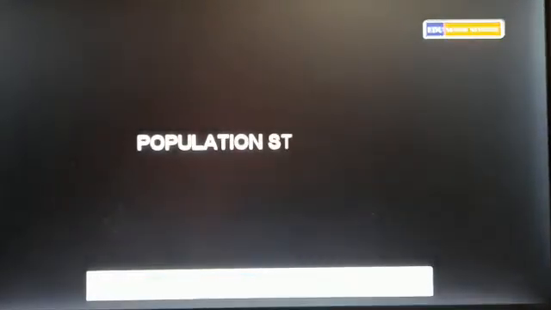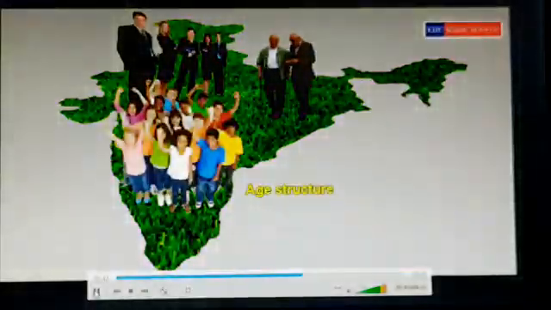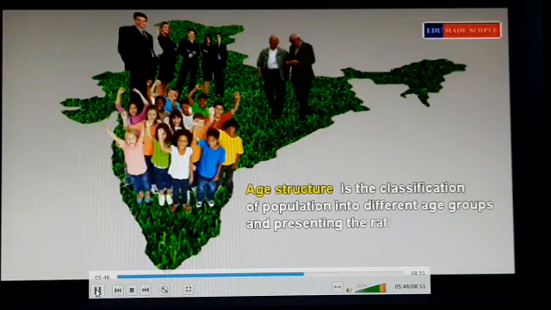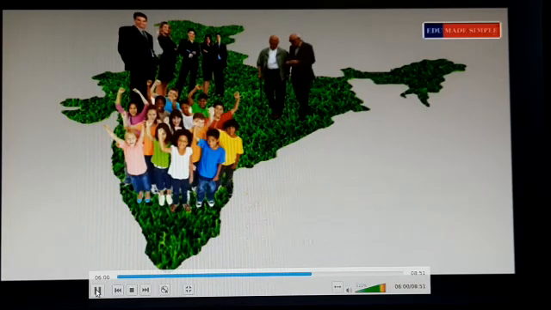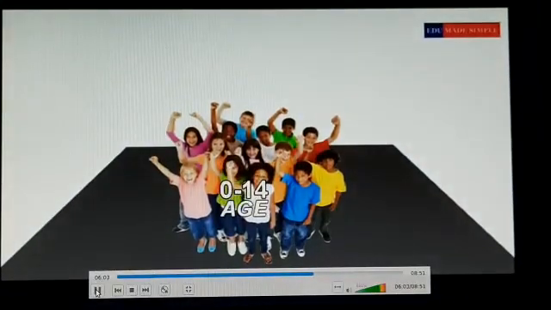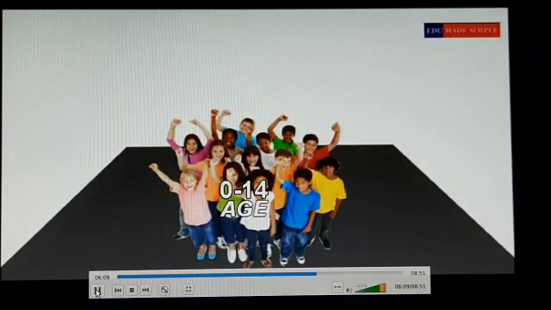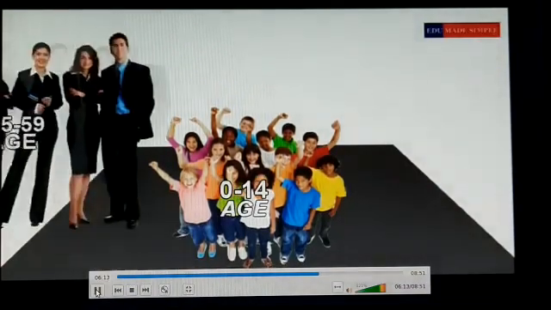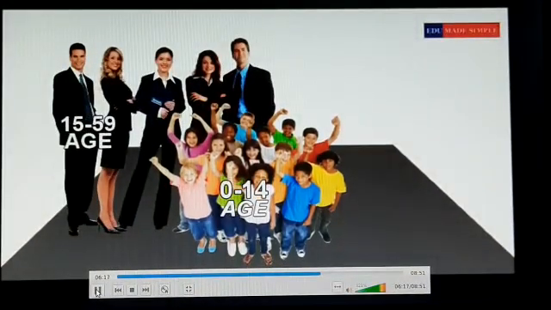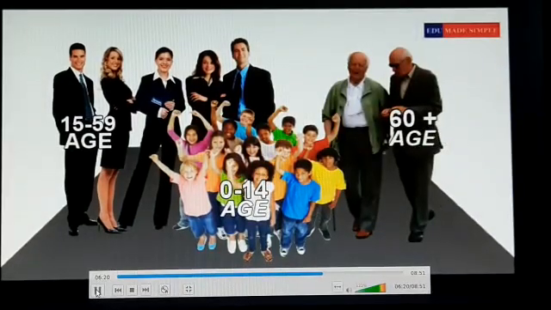The fourth quantitative feature of human resource is population structure. Age structure refers to the classification of population into different age groups and presenting the ratio of each group in the population. Here, classification is done in age groups like 0 to 14 years, 15 to 59 years, and 60 and above years.